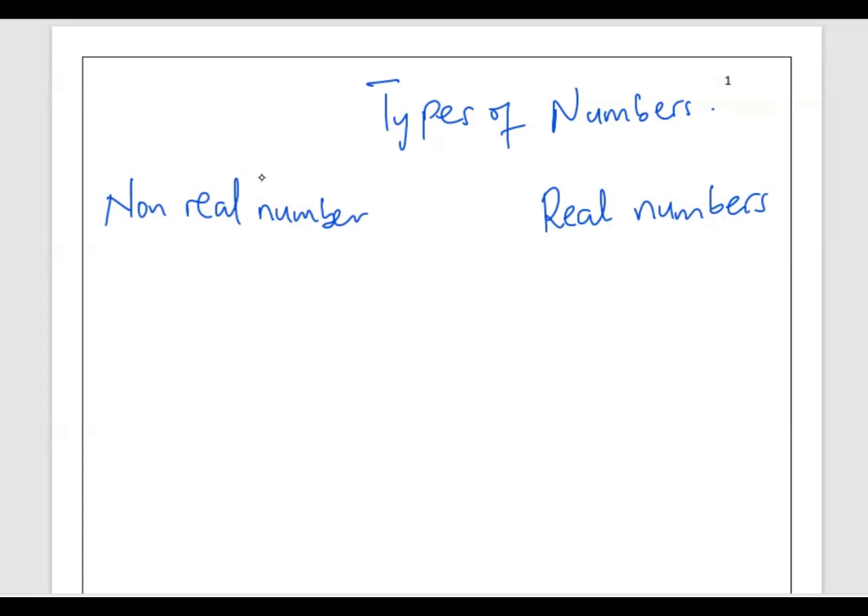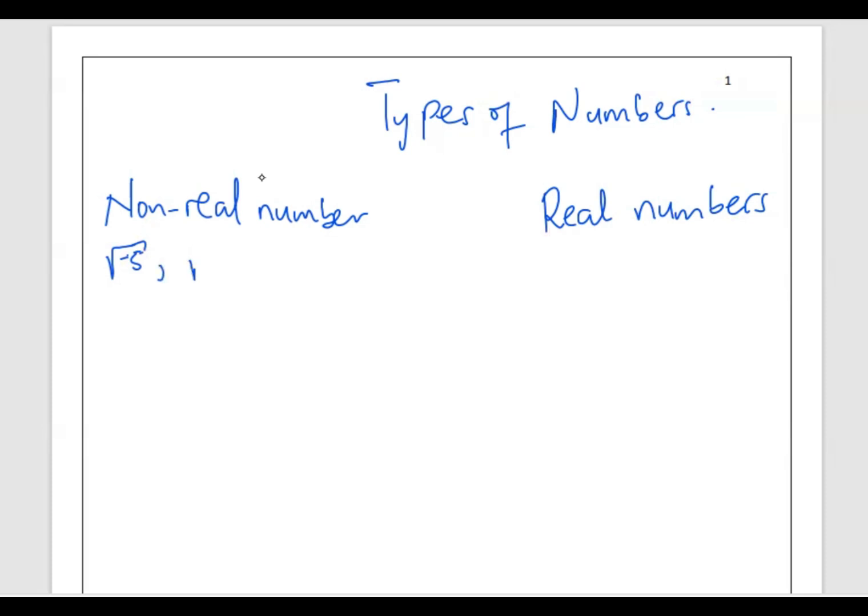So non-real numbers are basically numbers that we hardly encounter within the school system, like we don't necessarily use them in detail, except for identification purposes. An example of non-real numbers could be the square root of -5. Square root of a negative number does not exist. That's why if you punch this into a calculator, you'll get an error.